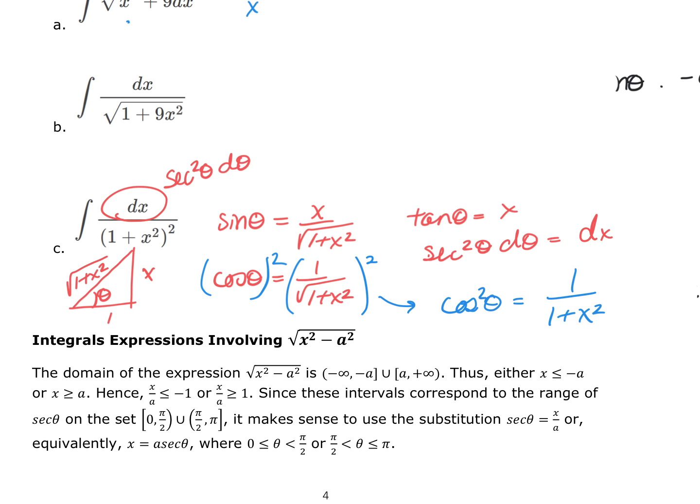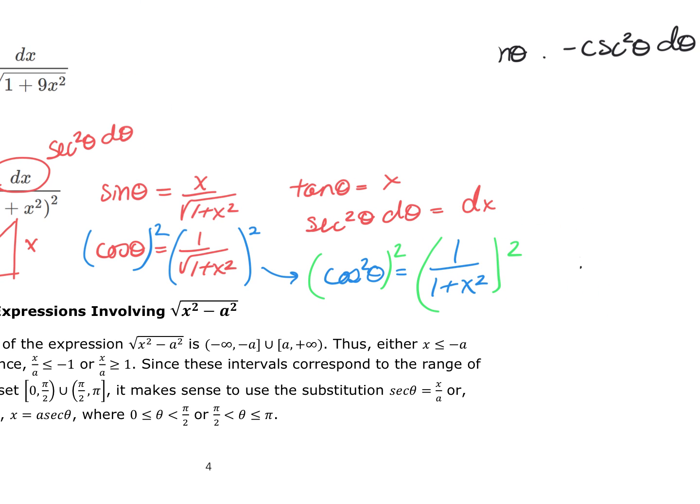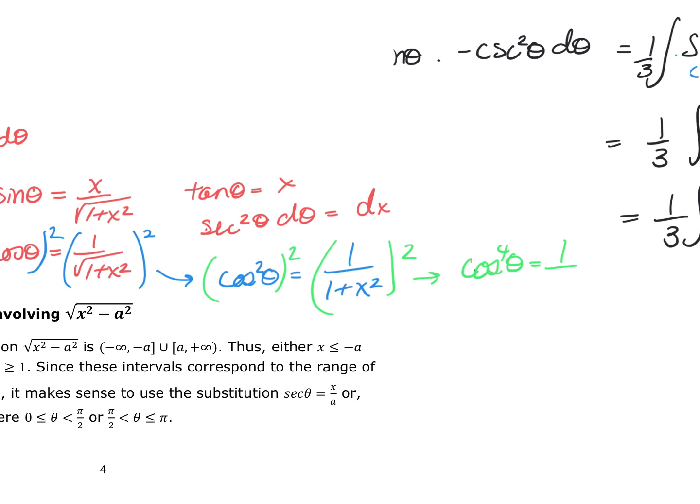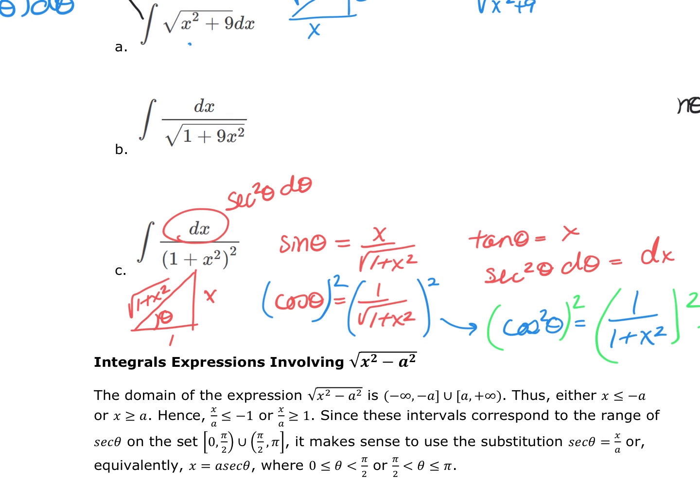So then if I square this side again and I square this side again, then what I'm going to get is the cosine to the 4th of theta is equal to 1 over 1 plus x squared, the quantity squared. Now I've got a replacement. So this over 1 is going to get replaced with the cosine to the 4th of theta.